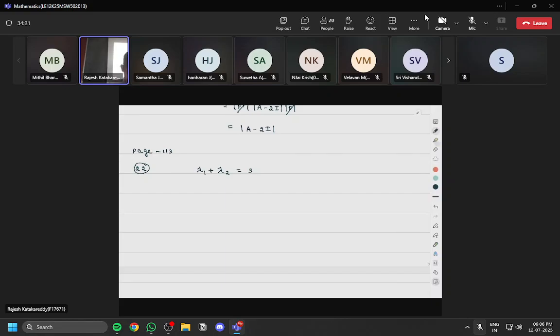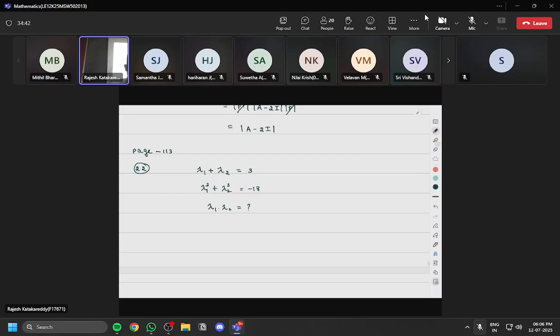For A cube, it must be lambda 1 whole cube plus lambda 2 whole cube equals -18. We need to calculate the product of the eigenvalues, that is the determinant of the matrix. Clear? Everybody understood this much? Any doubts?